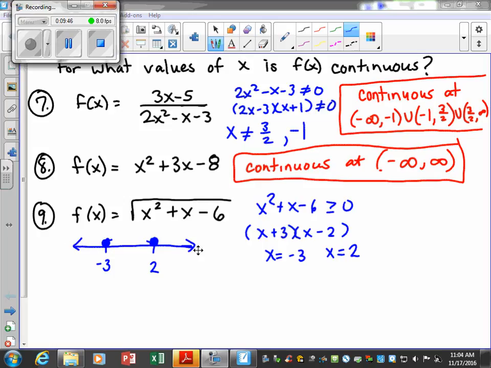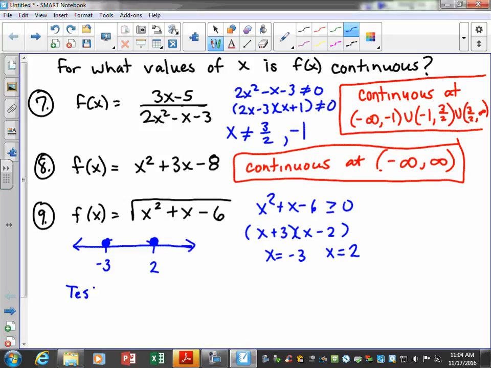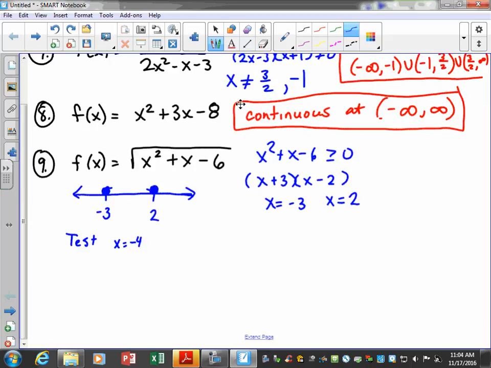So let's test a value to the left of -3. Let's test -4. Okay, plug -4 into x everywhere that you get that. So I'm going to have square root of -4 squared plus -4 minus 6 greater than or equal to 0.